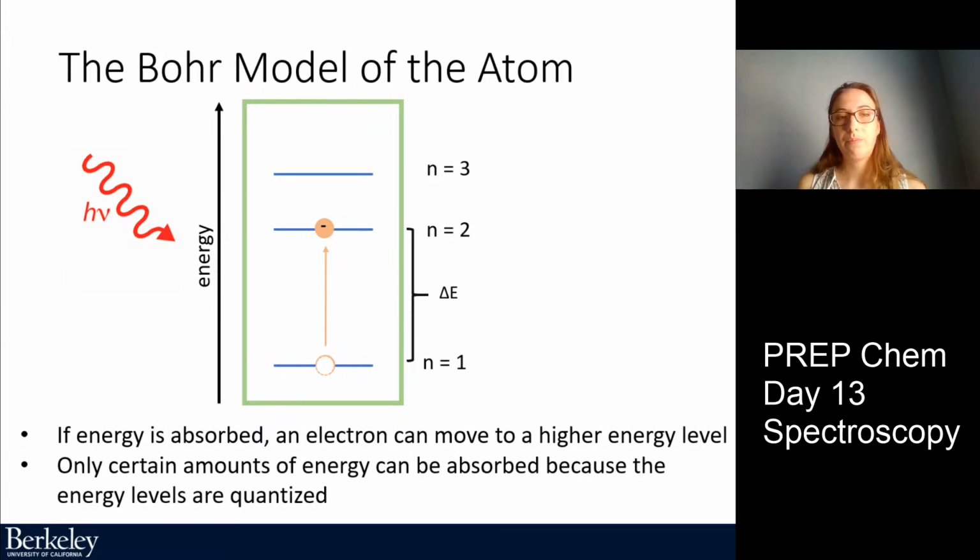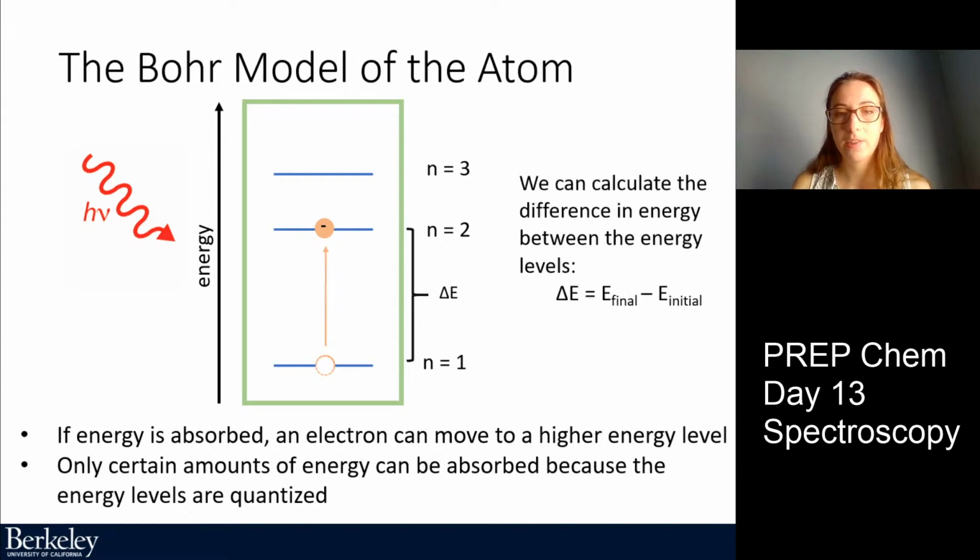So we can also relate the energies in the Bohr model to the energies of our incoming photons. Just to review, we can calculate the difference in energy between the energy levels because we know the energy of the final level, and we can subtract that from the energy of the initial level. This can be written as your energy at n equals 2 minus your energy at n equals 1.